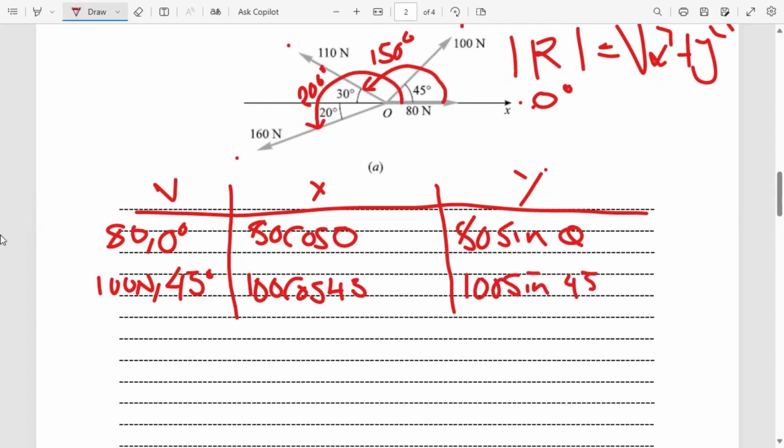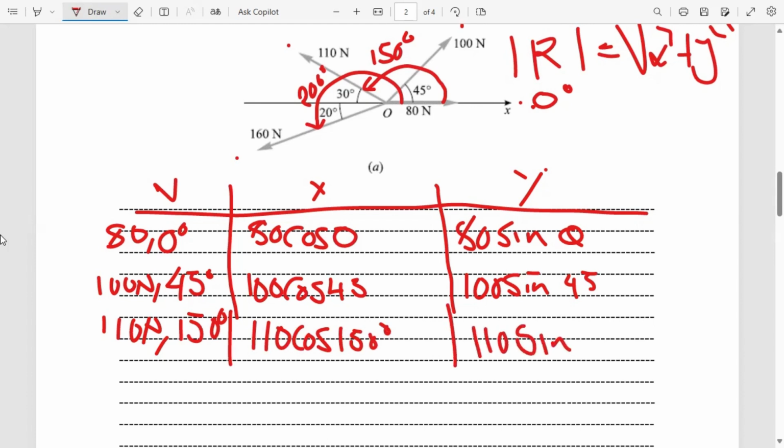We have the 110 Newton vector, which is directed at the calculated 150 degrees. The x component will be 110 cos 150 degrees, whilst the y component will be 110 sine 150 degrees, like this.